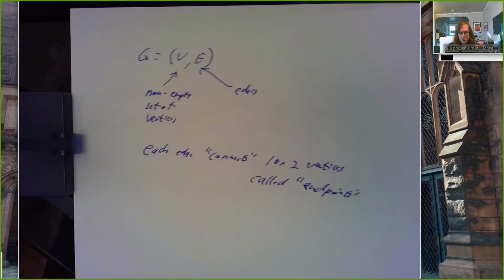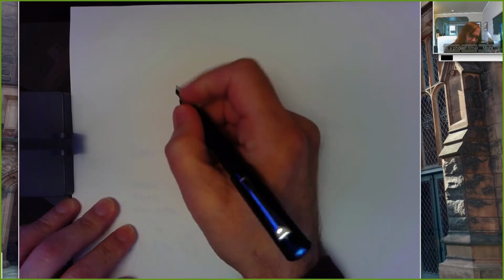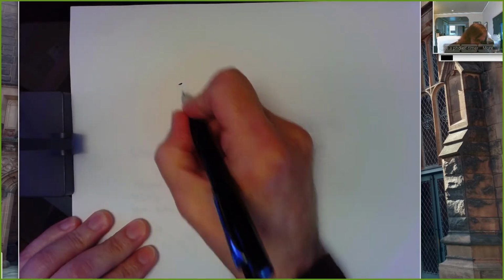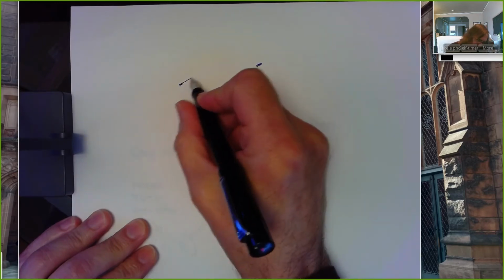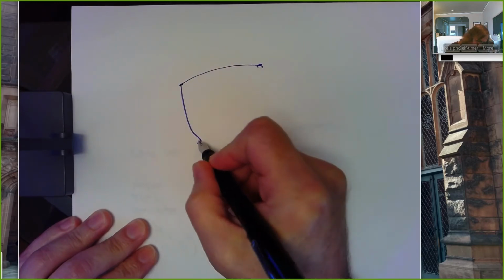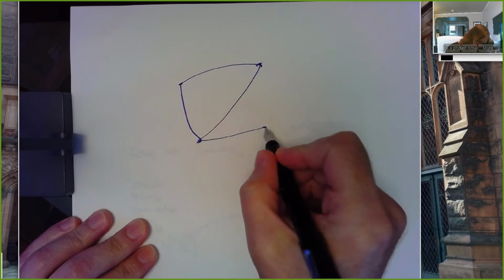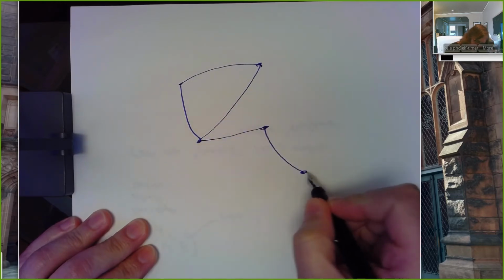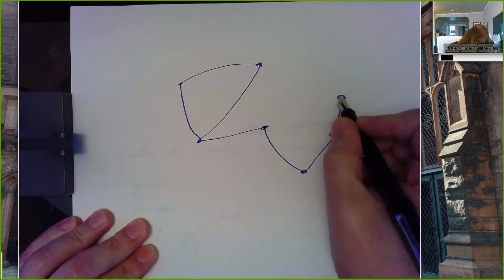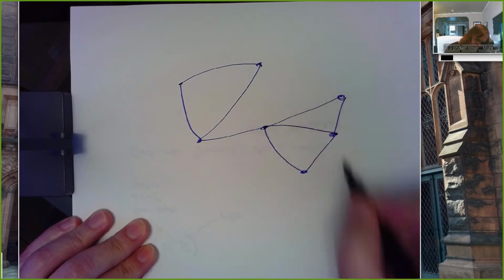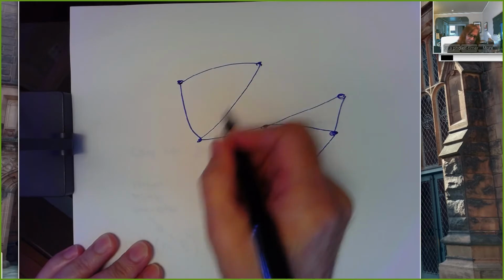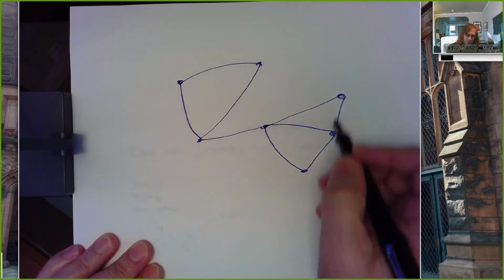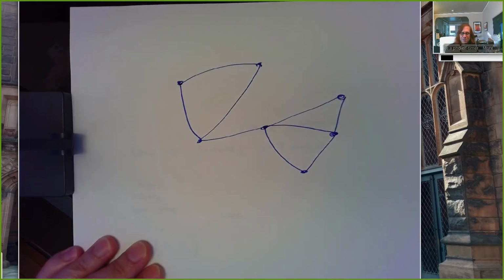And we can use graphs to represent a number of things. For example, we could have a series of landmarks with roads connecting them. So these could represent locations in one city, and these could represent locations in another city, very small city.